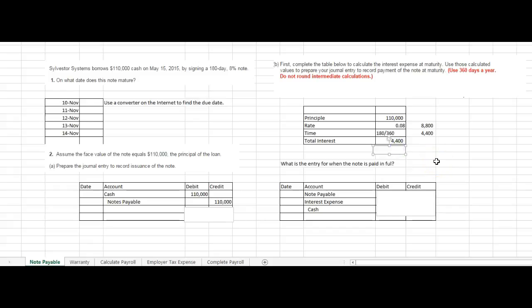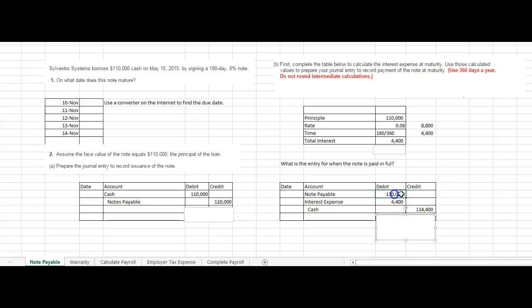So when I pay this note off, what is it going to look like? Well, first of all, I know I'm going to debit the note payable because I'm getting rid of it. I'm going to show an interest expense of $4,400 for this interest I'm going to pay. And my cash is going to have a credit for $114,400.